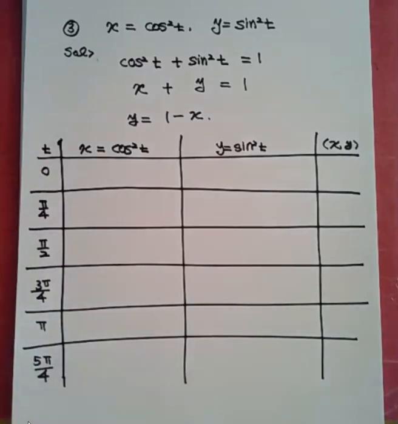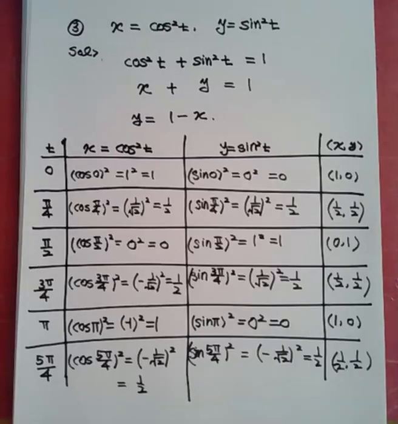You will stop this video clip and fill out the table and come back. If you filled out the table, then you should get these values. You can compare those.